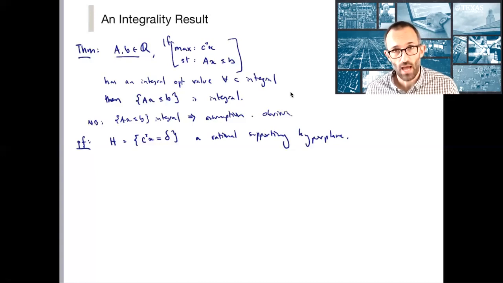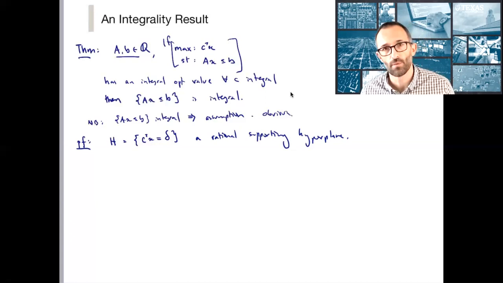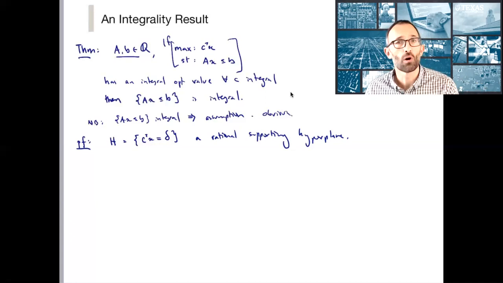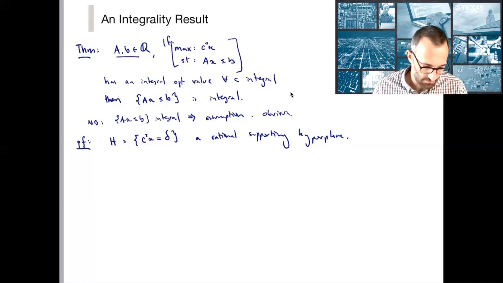That's my only assumption. I can scale this until c has relatively prime integers as values. I'm not just clearing the denominator. I'm assuming that they're relatively prime, and that's just because if c contains the values 2 and 4, I'm only requiring that delta is rational, so I can always scale down.